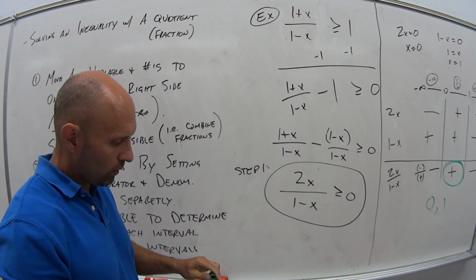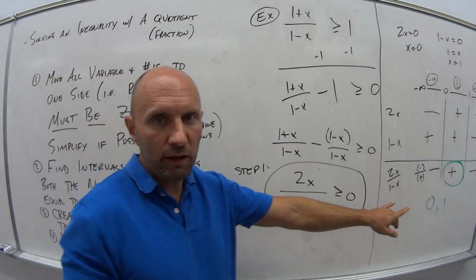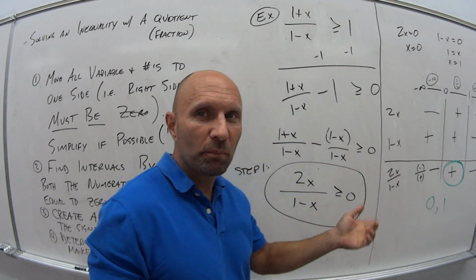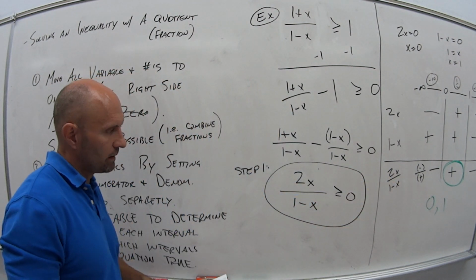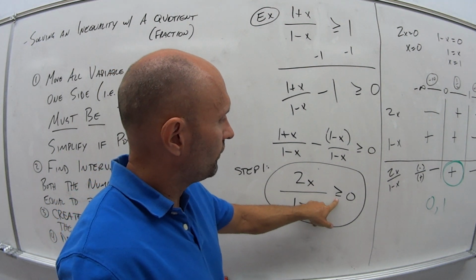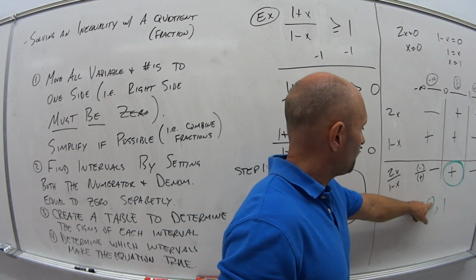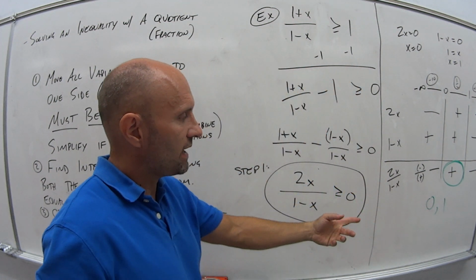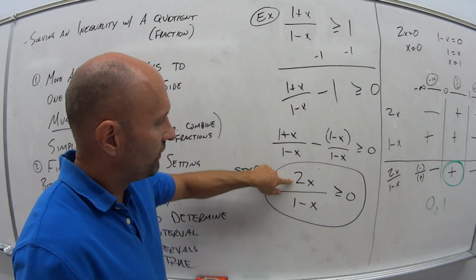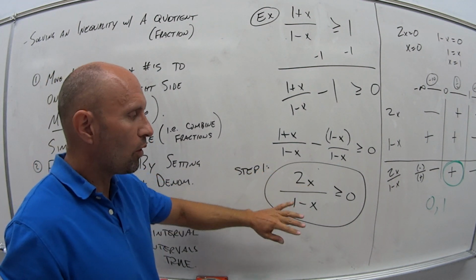So I'm not quite done yet, because I know the interval is 0 to 1, but is it parentheses or is it a bracket? Well, what do I want? I want greater than or equal to 0. So I'm going to test the endpoints. Can I plug in 0 into this equation? Well, that's 0. 1 minus 0 is 1, so that's fine.